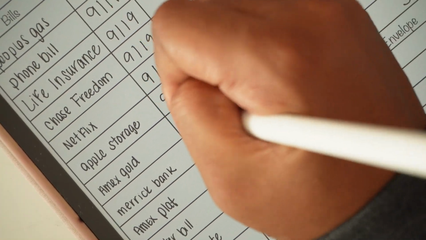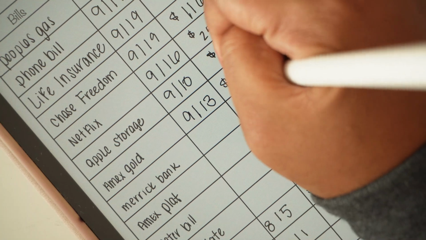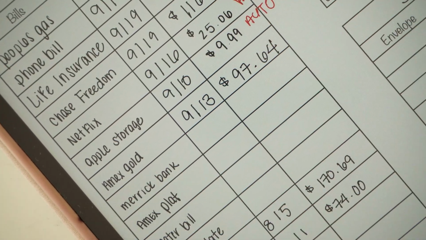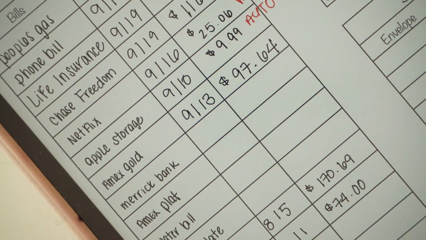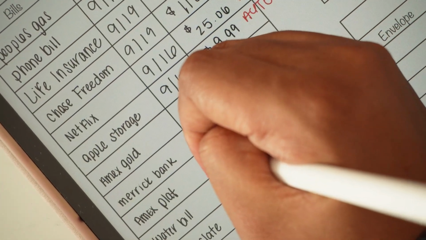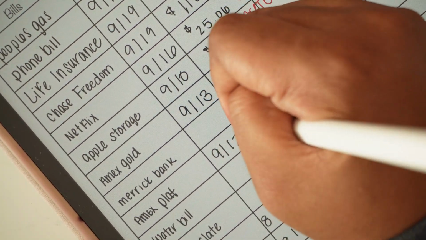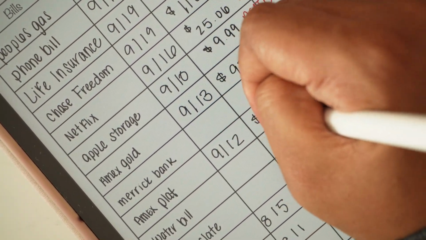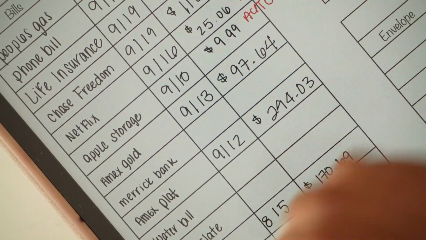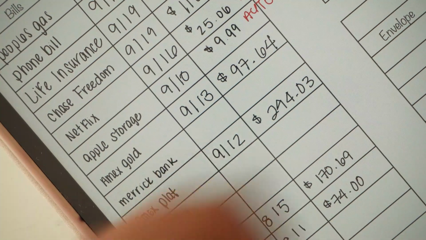My gold one is due 9/13, and that's $97.64. And then I also have a platinum. We'll fill in that now since I'm on the page. My platinum is due 9/12, and that is $294.03.